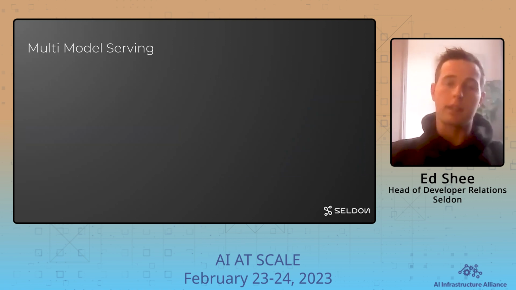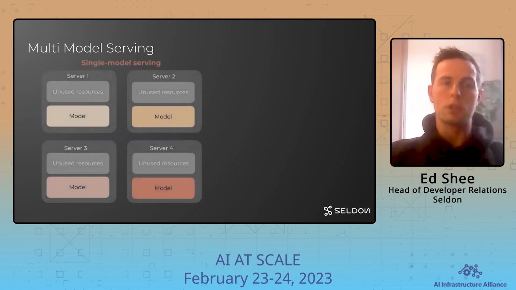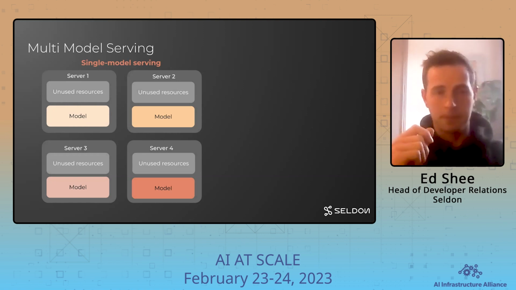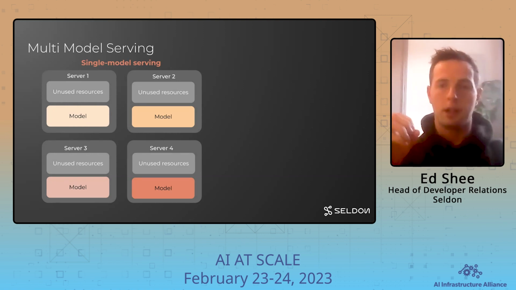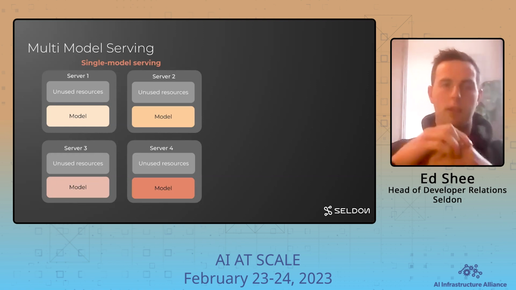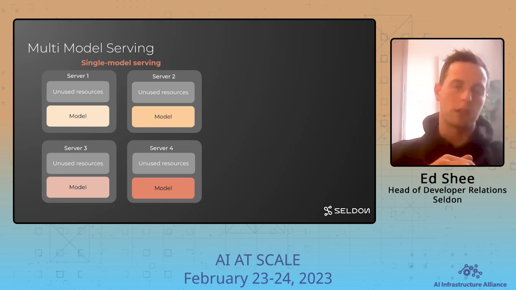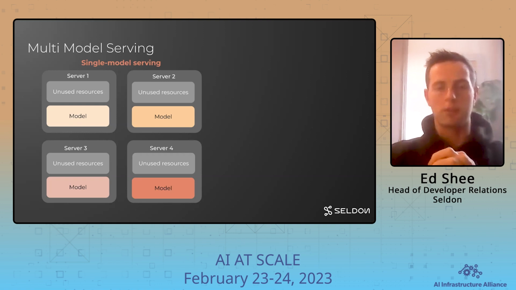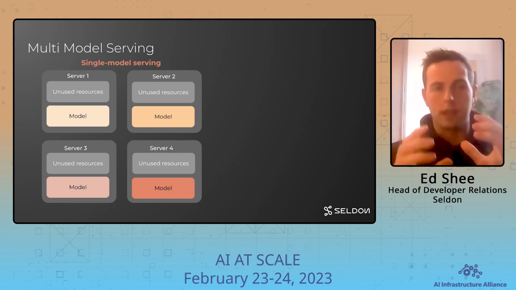One of the really neat things within MLServer is that you can serve multiple models on the same instance of MLServer. If we look at how it traditionally works, on the left-hand side here, when I deploy a model, I wrap it up with either the inference server or the Flask code and all the dependencies, and we run it as a single standalone server, or it might run in a single container.